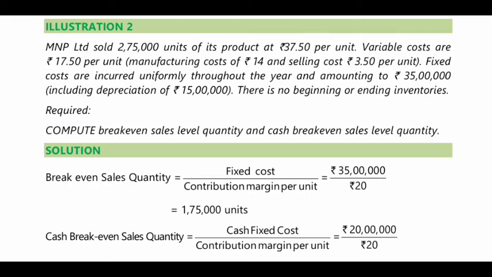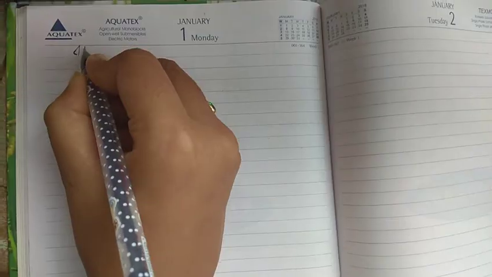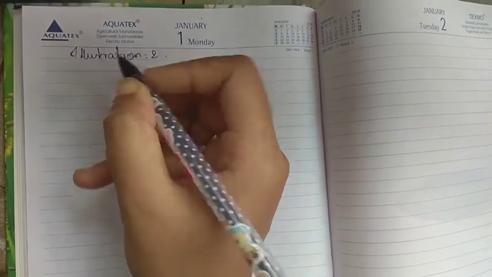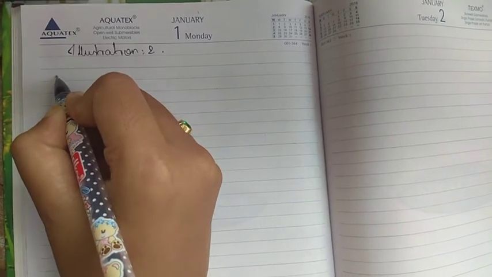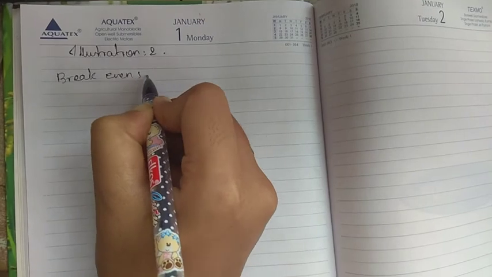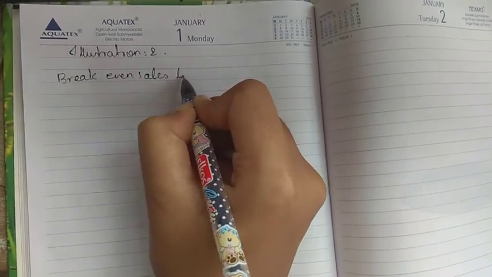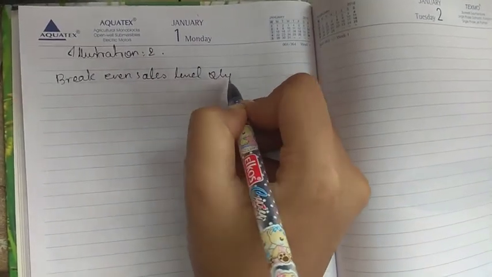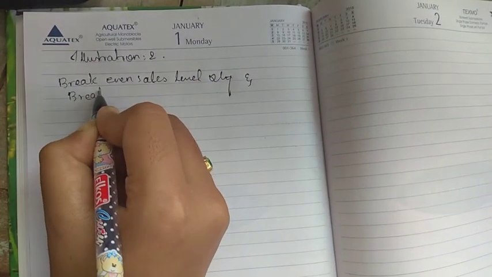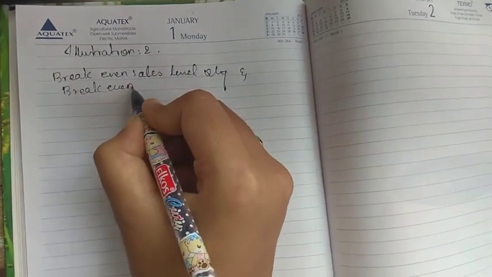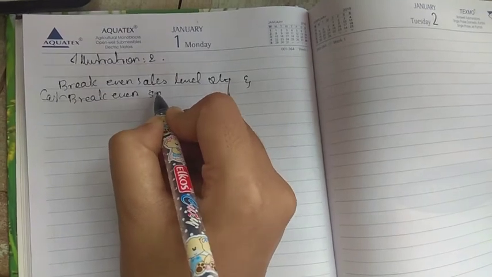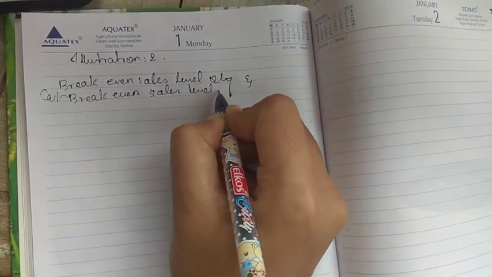Chalo, let's do that. Illustration 2. We have to calculate the break even sales level quantity and the cash break even sales level quantity.